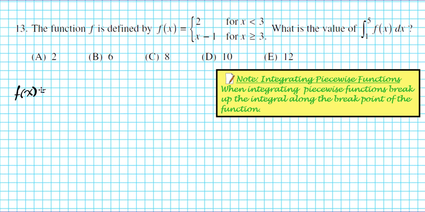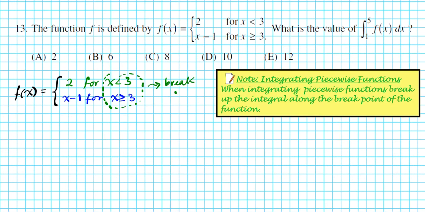We have 2 for x less than 3, and we have x minus 1 for x greater than or equal to 3. So this clearly shows us that the break happens at 3.